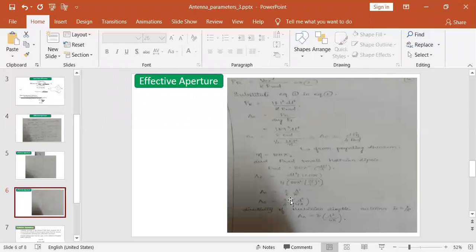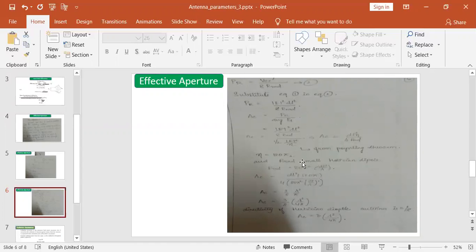We know that eta is equal to 120 pi, and the radiation resistance of a small dipole antenna is 80 pi square into D L by lambda whole square. Here we have to substitute the radiation resistance value.